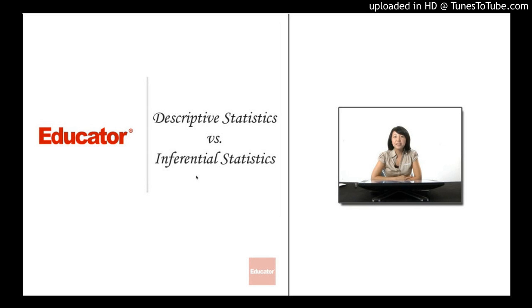So x bar minus y bar. That's going to be 330 minus 310. Oh, I don't need the calculator to do that.